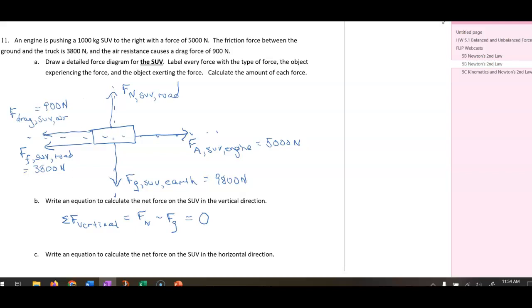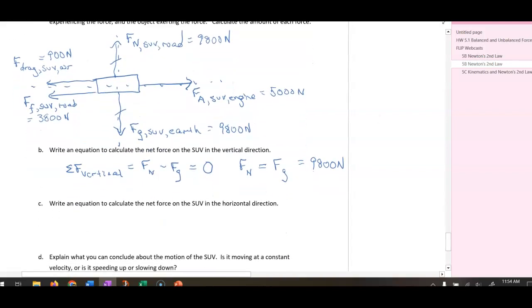When something's not moving in that direction, the net force in that direction is 0. So therefore, the normal force must equal the gravitational force. And so it must also be 9,800 newtons. Okay. I could put congruency marks to show that those two vertical forces are equal to each other.